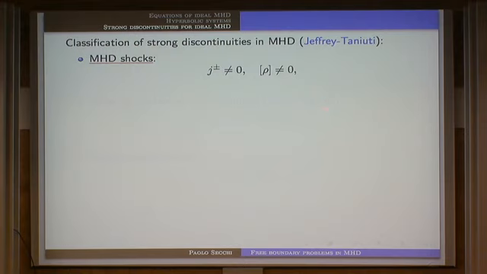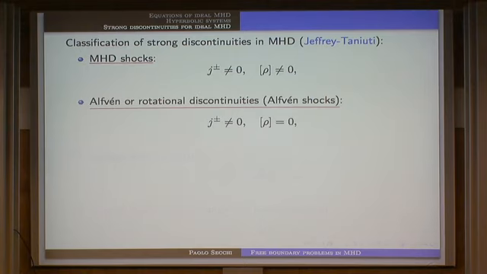These are shocks. Second case, we still have J plus minus different from 0, but we have no jump in the density. These are the so-called Alfvén shocks, or rotational discontinuities. I will discuss a little bit more later the different kinds, just for classification here.